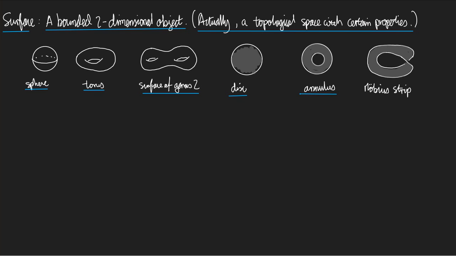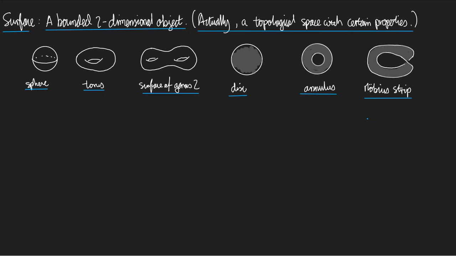Annulus, of course, means ring, and that's what it is. It's a disk with a little disk in the middle chopped out. And finally, we have the Möbius strip. If you wanted to make this physically, you would take a strip of paper and glue it round to make a loop, except you would insert a single half twist before gluing. Okay, so these are our example surfaces.